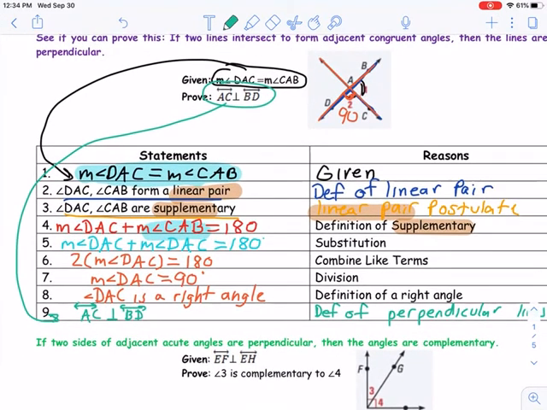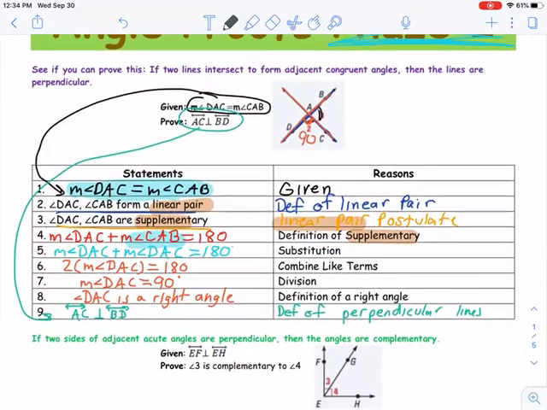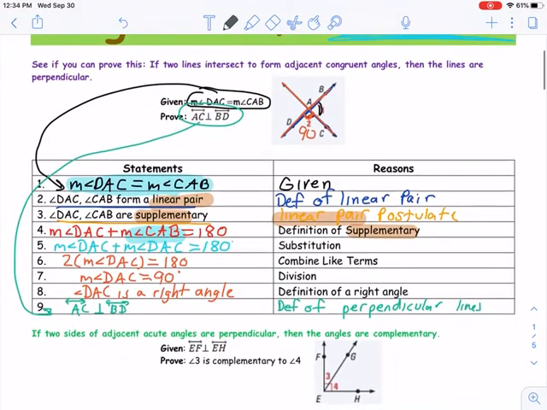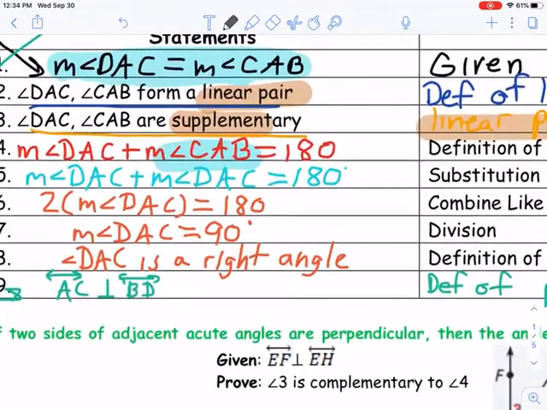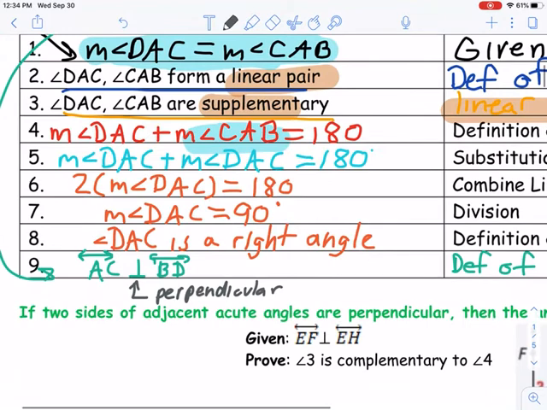Something I forgot to mention really fast is I'll give you a minute to write. Okay, it's right here. This upside down T means perpendicular. So the notation for perpendicular lines is literally a pair of perpendicular lines. Just like how we'll talk about this in the future, the notation for parallel lines is literally parallel lines.